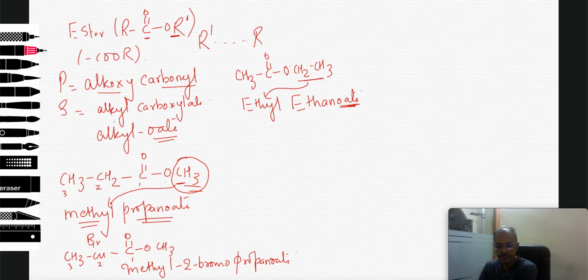We will take now a slightly more complex example. Take for example this, and this is chlorine. So this will be 1, 2, 3 and 4. Now here it will be 1 and 2.